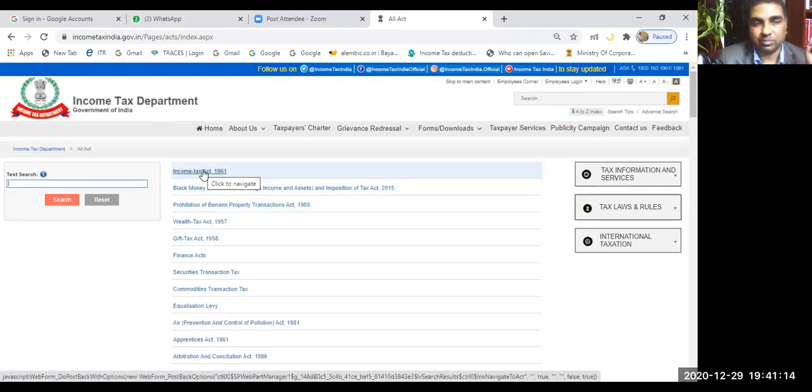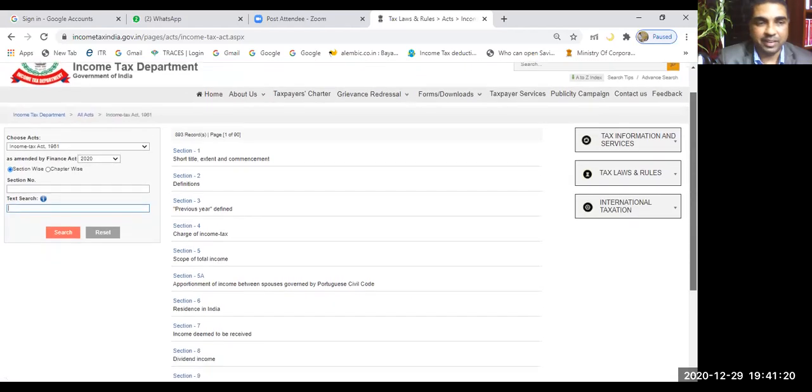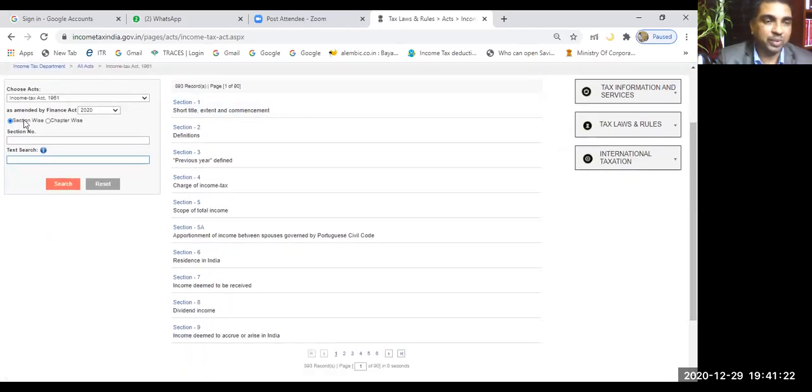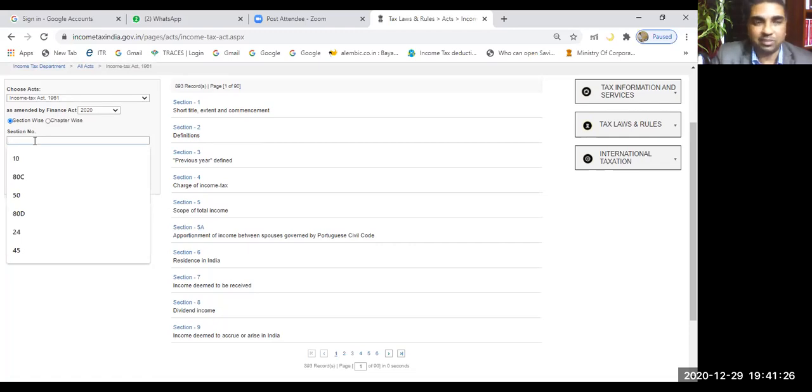And as I told you, under Income Tax Act, there are two options. You can go section wise or chapter wise. Since you are looking for a particular section, I will go to a particular section. I am looking for section 2. You can also see section 2 directly through a link here. I can click here and go to section 2, where the definitions are.